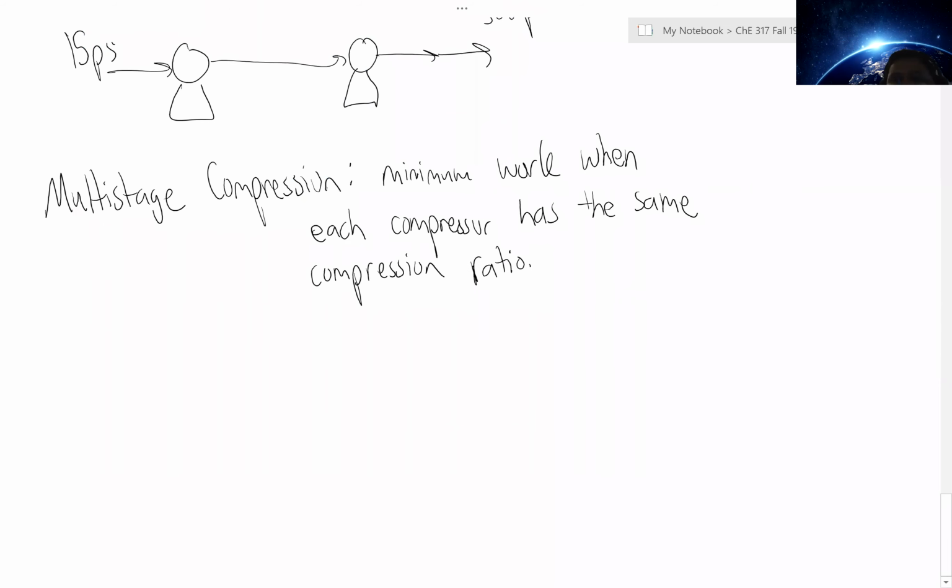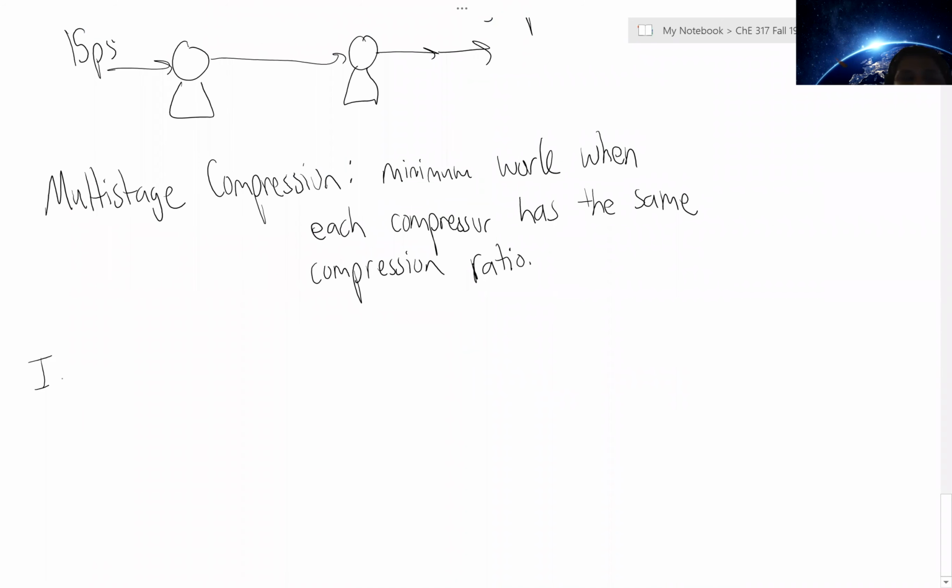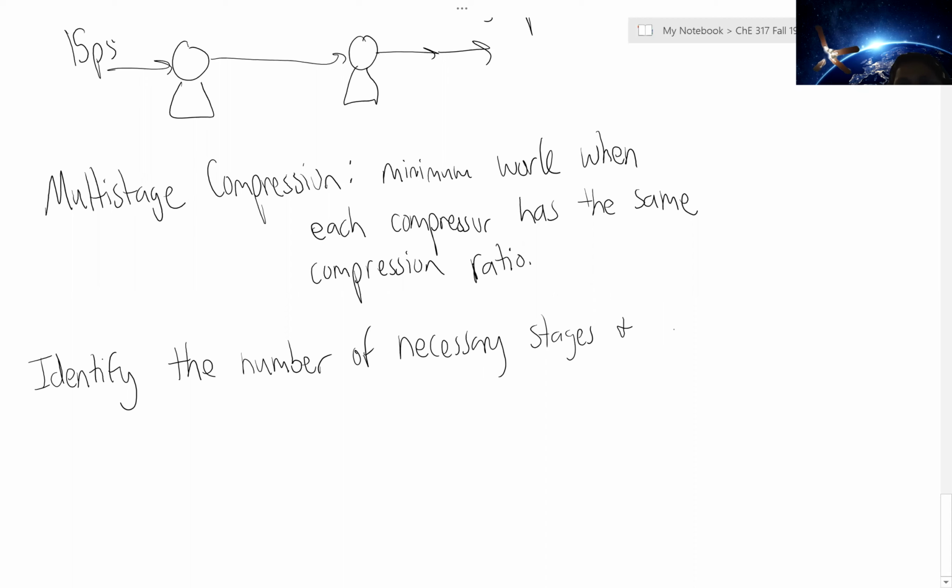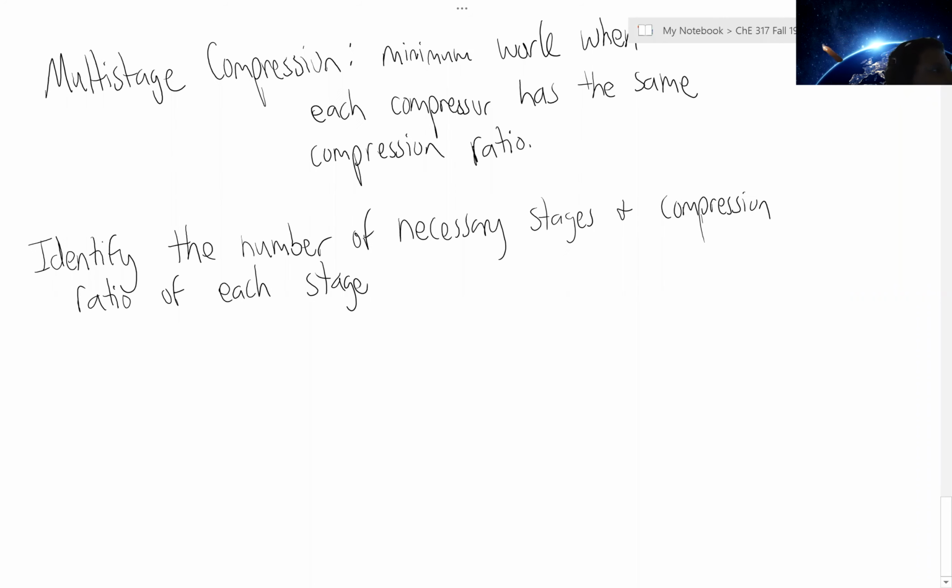And so to identify both the number of necessary stages and the compression ratio of each stage, we can use the following expression. It comes out looking like this.